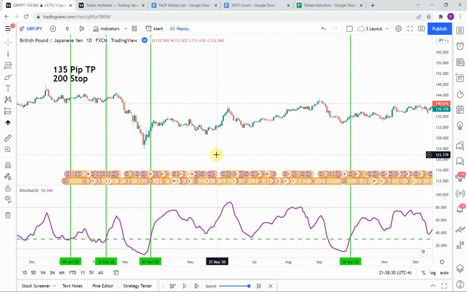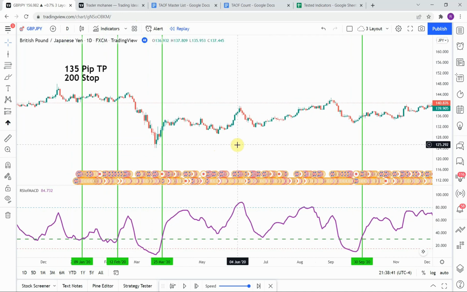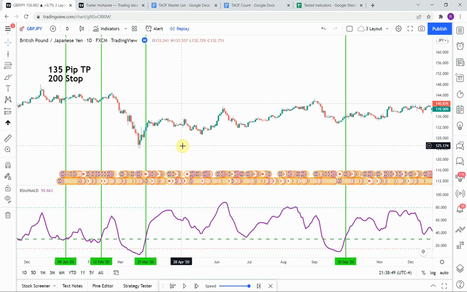So I have to go into the code and actually see if it was coded that way. But just from glancing at it, the way it looks and the way the creator outlined how it should be used, it doesn't seem like this is the full strategy. It seems like it's only a part of the strategy.